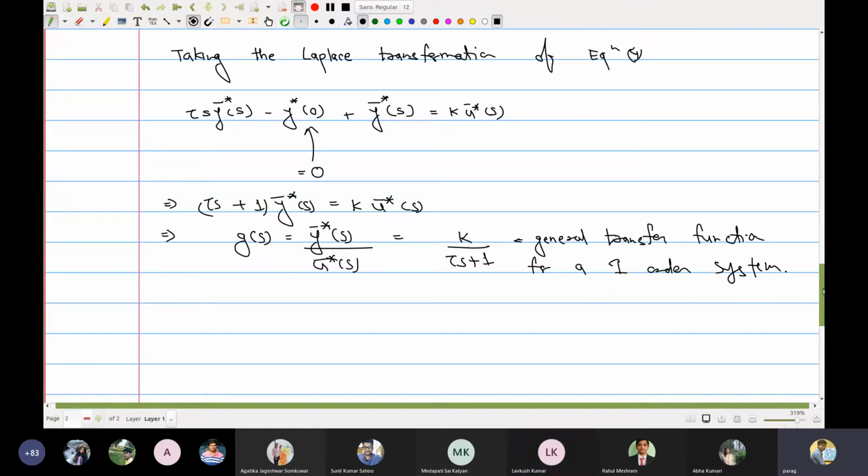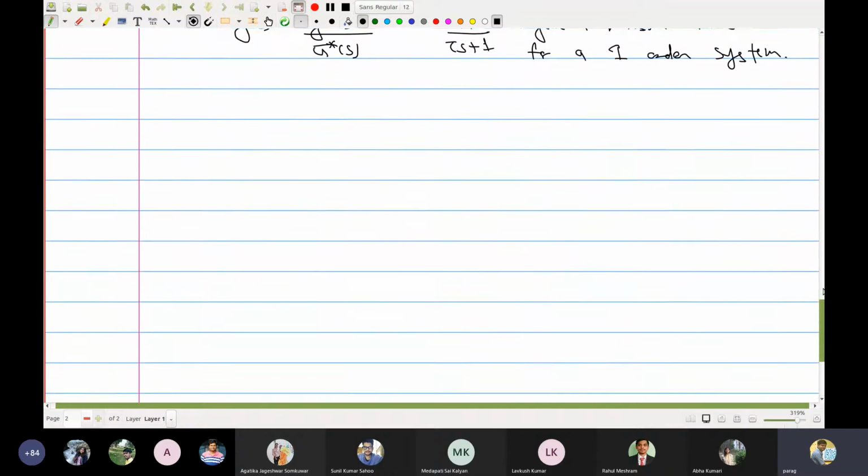Okay. So now what we need to do is determine how the system evolves as I change my input function, input variable, or forcing function. What are the different ways in which I can force the system to change?